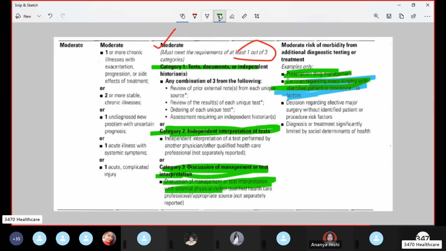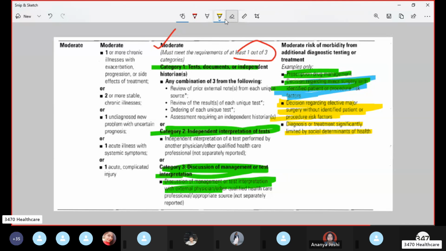Decision regarding elective major surgery with no risk is also moderate. Diagnosis or treatment significantly limited by social determinants of health means the healthcare provider is not able to give proper treatment or find the diagnosis because of some other complications or reasons.